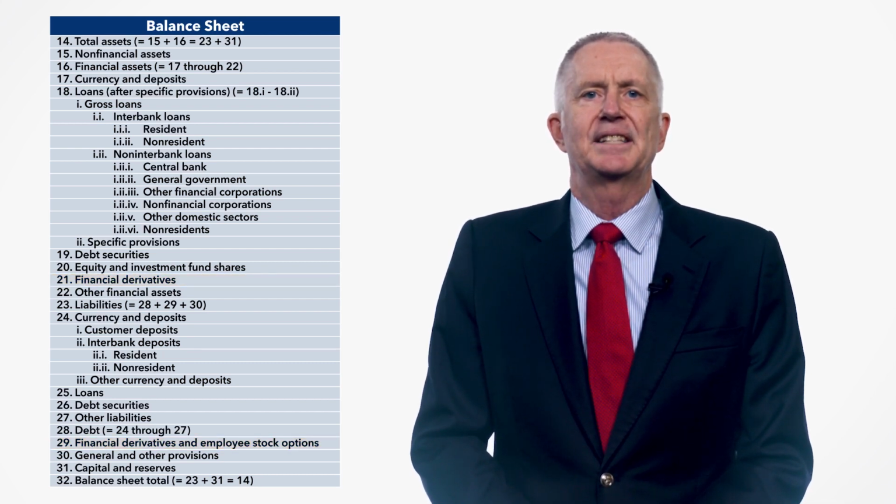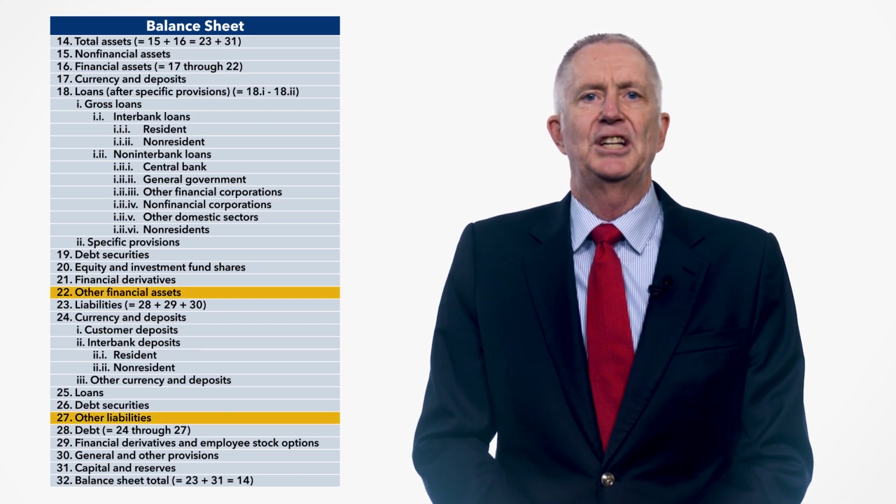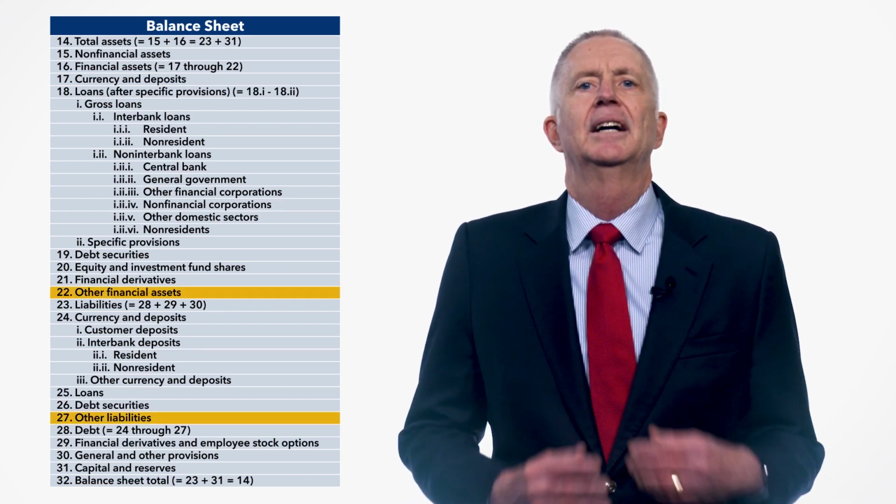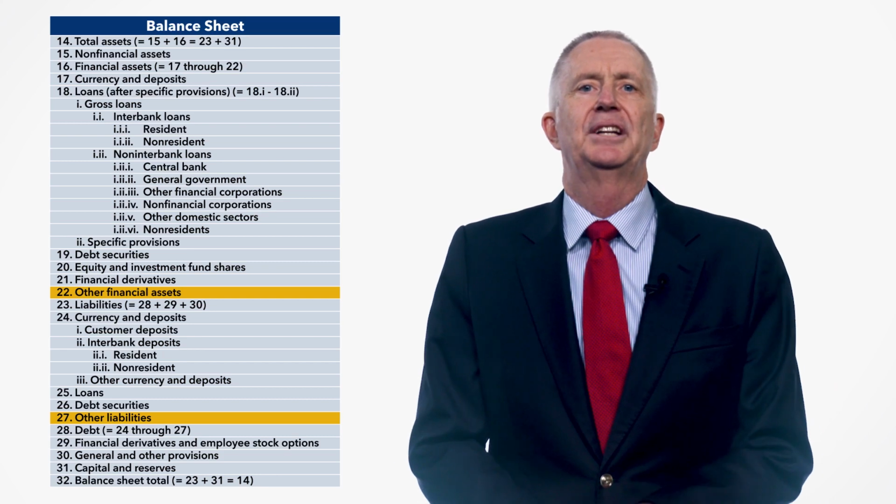All financial assets and liabilities not elsewhere specified should be included in line 22, financial assets, and line 27, liabilities. Recall that the 2019 FSI's Guide defers to national supervisory standards for the allocation of International Financial Reporting Standard, or IFRS 9, allowance for expected credit loss, or ECL, to general and specific provisions.